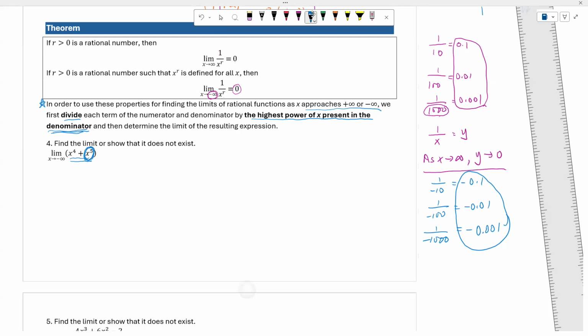Then you will see that the behavior of the function looks like x to the power 5. So in this case, as x approaches negative infinity, the output is negative infinity. This is what you did as a precalculus student.